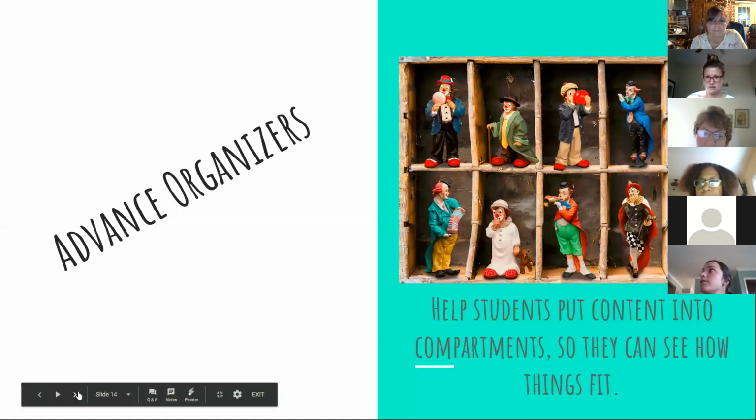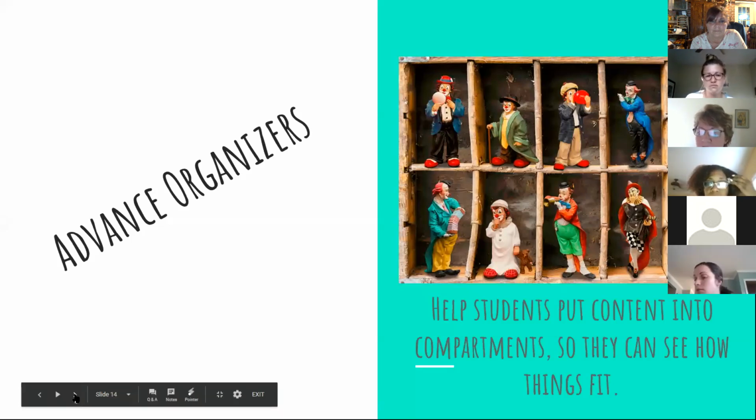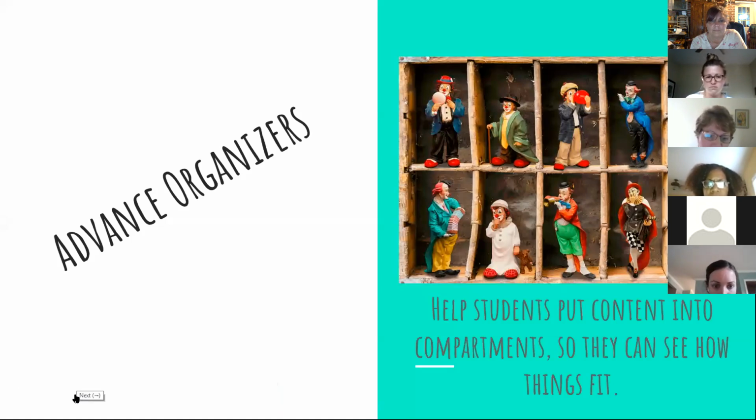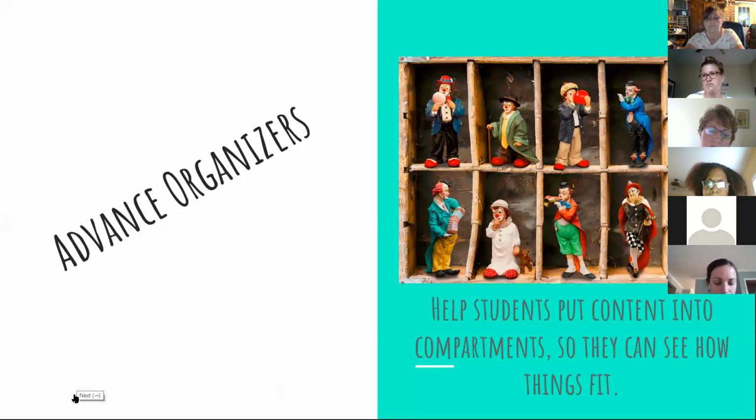The advanced organizers, particularly ones with tables or charts, help students see how things fit. If they can see the component parts initially, that helps them get the bigger picture. And something I've found with using the graphic advanced organizer is that, especially if they have it before class, they can see how the pieces fit.